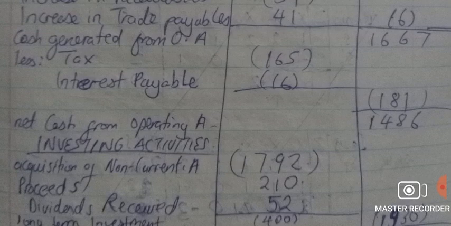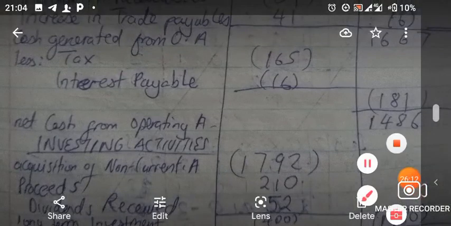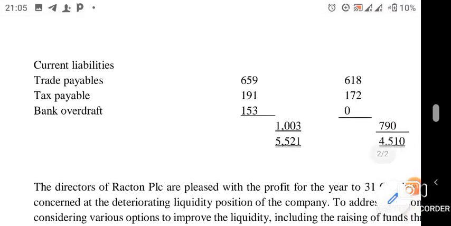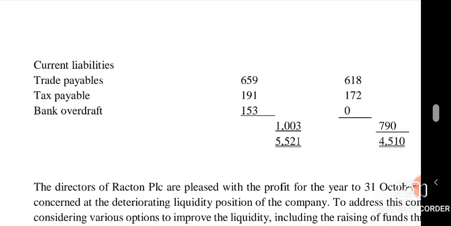Let me just show you for tax. So look at tax there, right? Then they've said there's tax there 172, there's tax 191. One would be like, why can't we just equally pick the tax in that particular year?